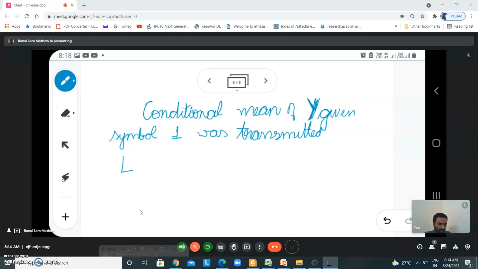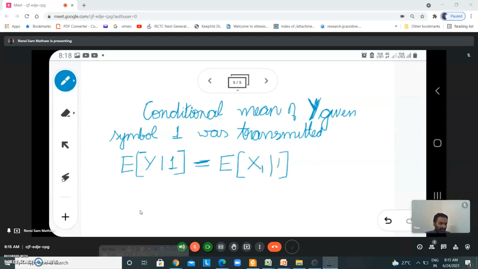I am writing it as expectation of y given 1 was transmitted. This is equal to expectation of x1 given 1 minus expectation of x2 given 1, because y is equal to x1 minus x2.